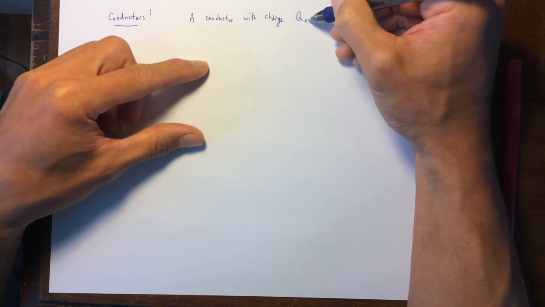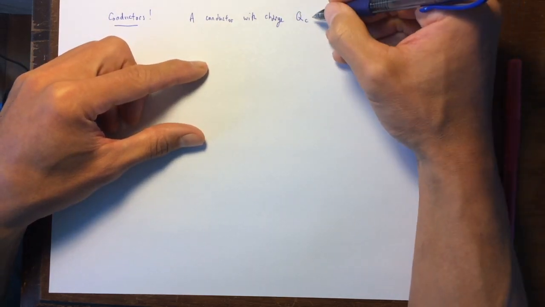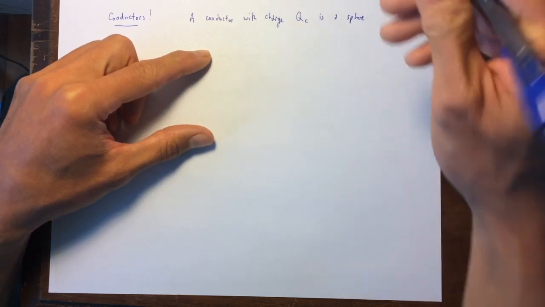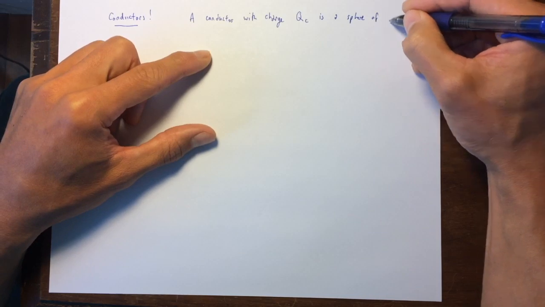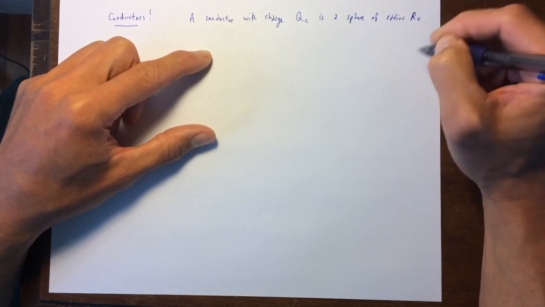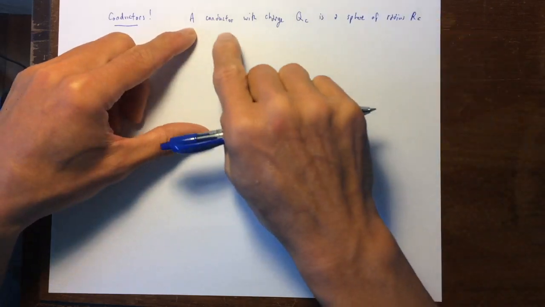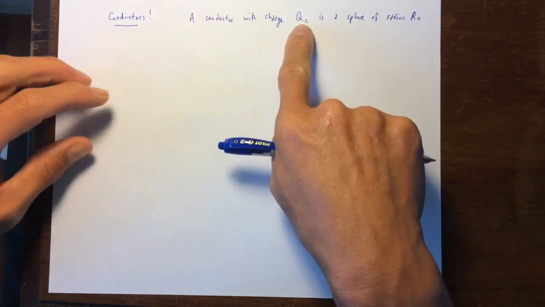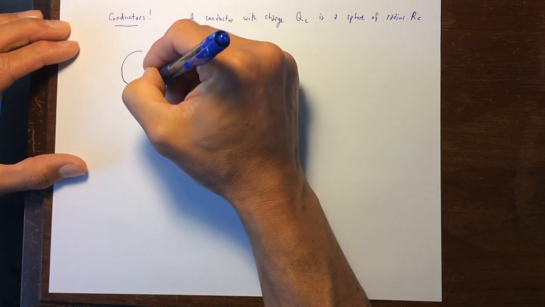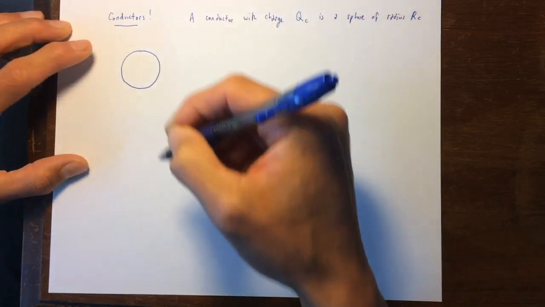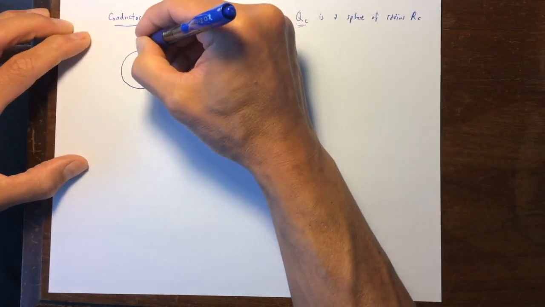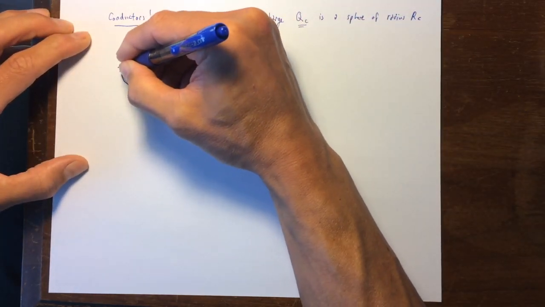So this is Q of the conductor, a sphere of radius r sub c. And so if you look at this conductor with this charge on it, conductors are special because if a conductor has a net charge, this net charge lives only on the surface.